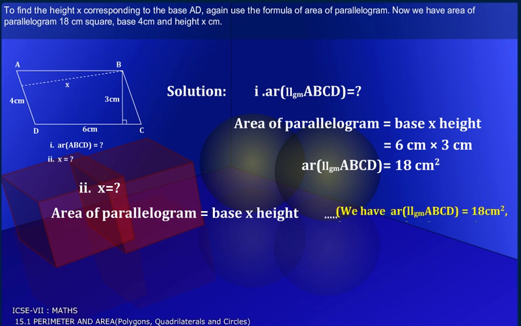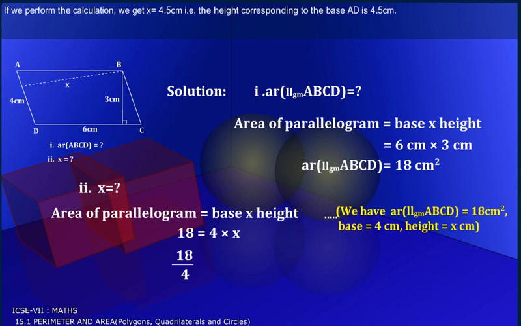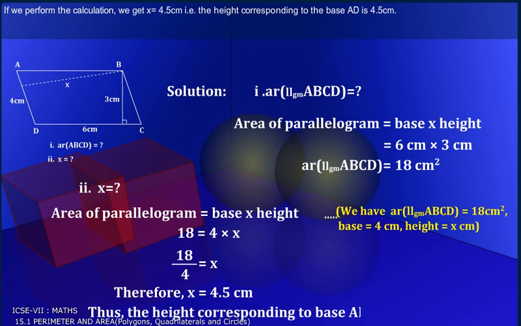Now we have the area of the parallelogram as 18 cm square, base 4 cm and height x cm. If we perform the calculation, we get x is equal to 4.5 cm. That is, the height corresponding to the base AD is 4.5 cm.